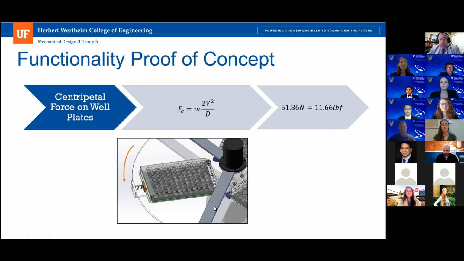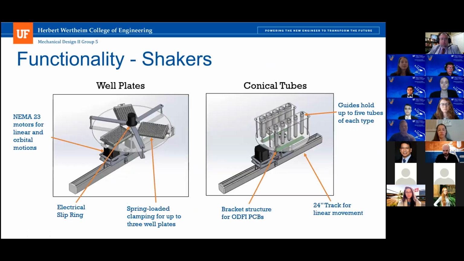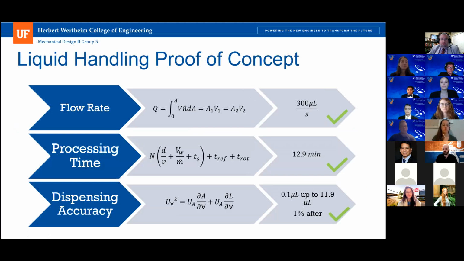We still got time, so I guess I can keep asking questions. How much time is it going to take your system to process? I believe from other groups, there's a requirement of 15 minutes to process a 384 well plate. How quickly can you do that? Okay, you had the processing time there.